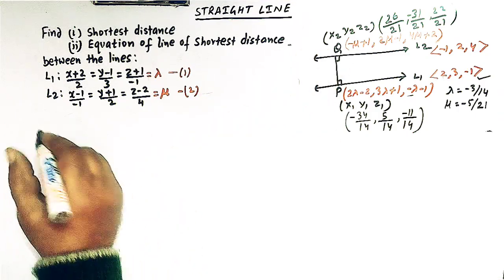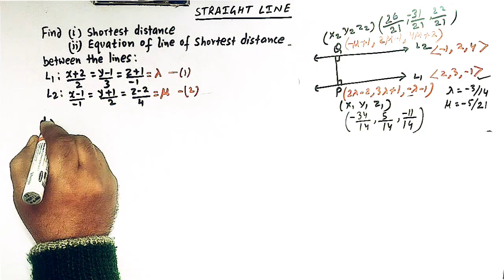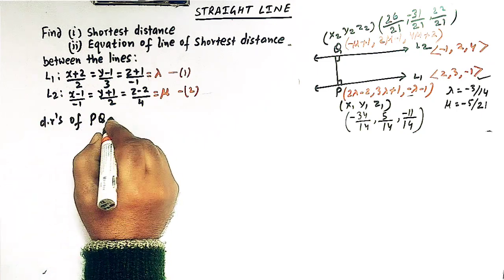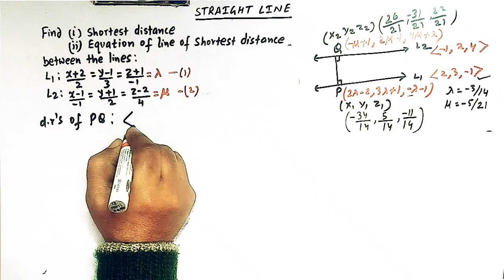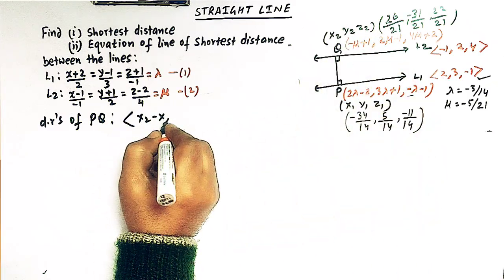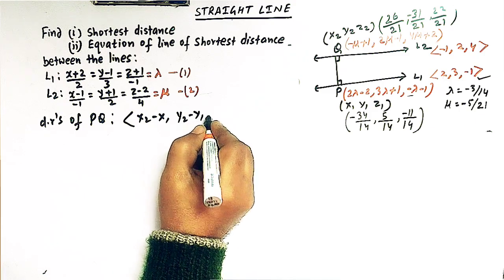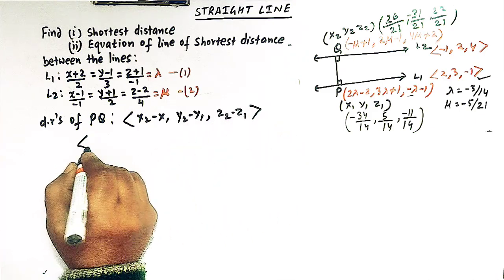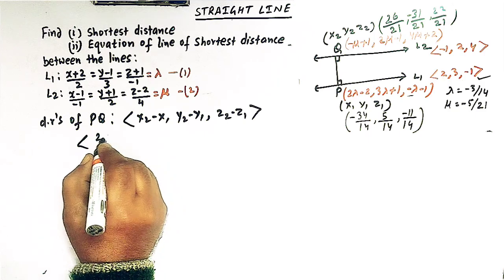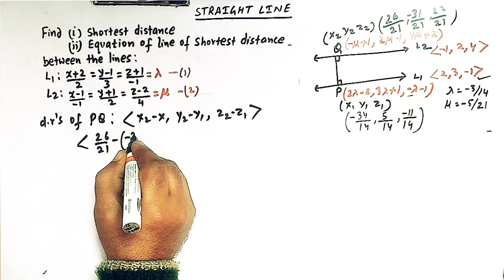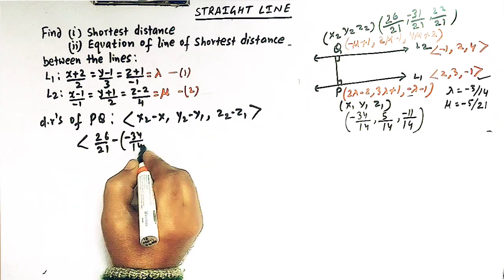So let us find out the direction ratios of PQ, right? So we have here x2 minus x1, and then we have y2 minus y1 and z2 minus z1. So we can now write 26 over 21 minus 34 over 14.